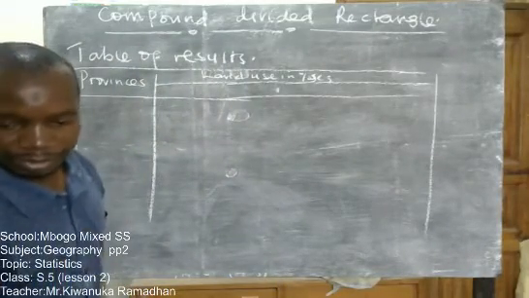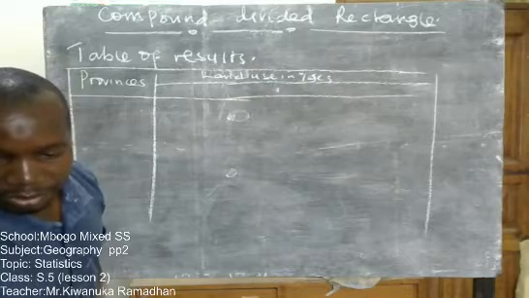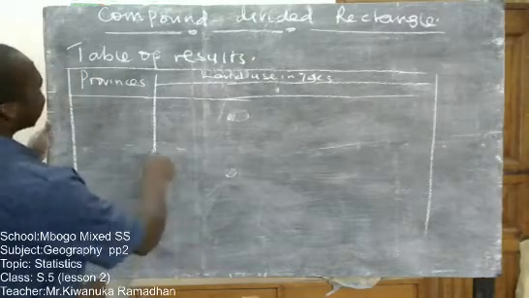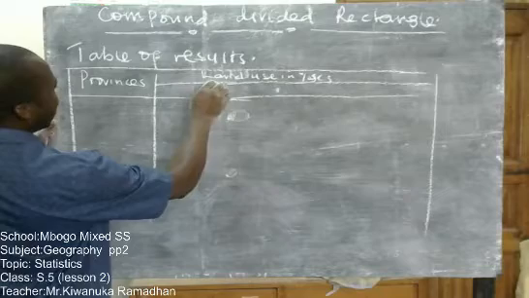If you look at the question, 1, 2, 3, 4. They happen to be 4.